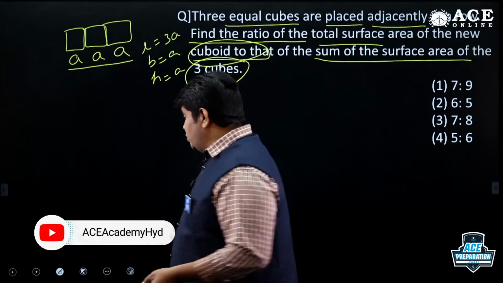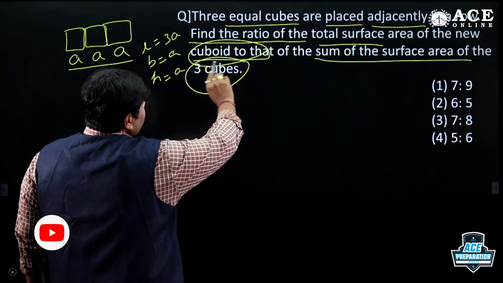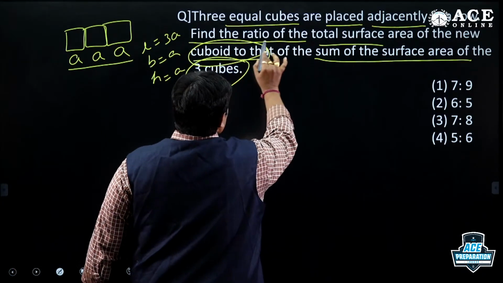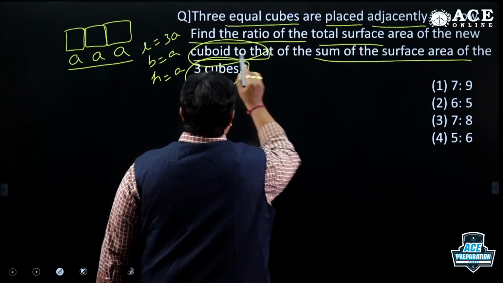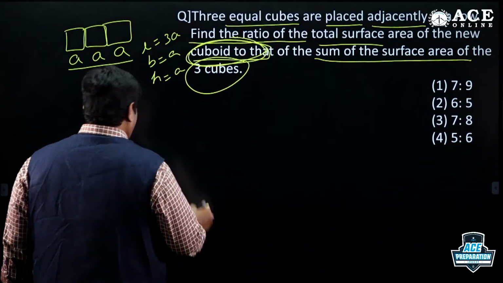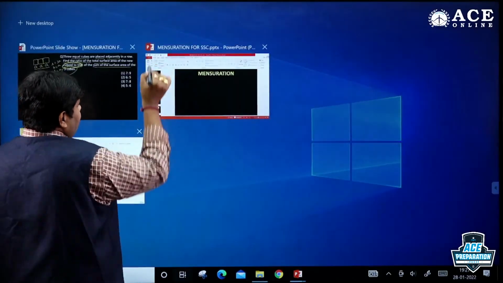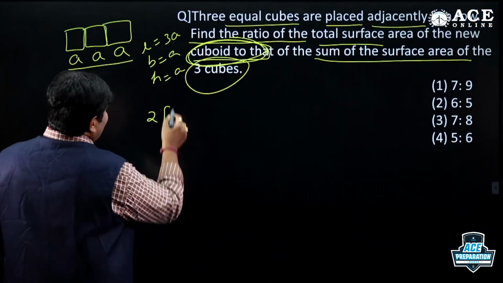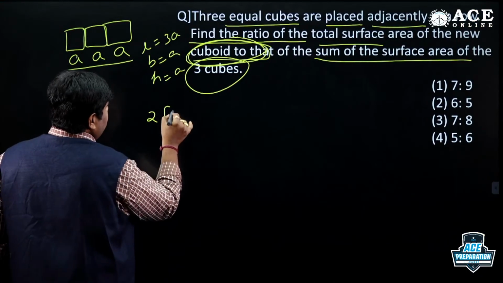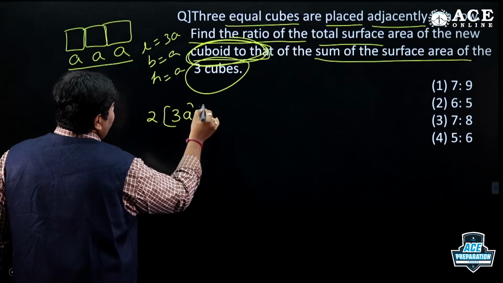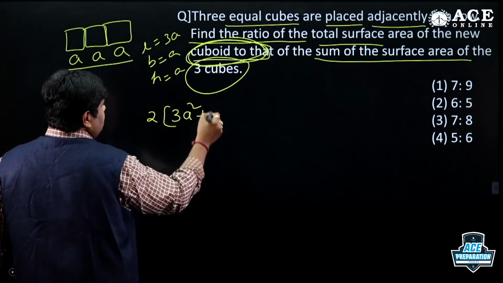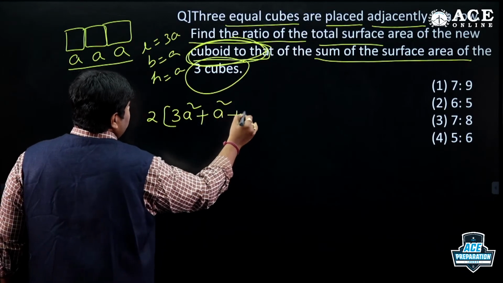Okay, friends, now observe the question here. Find the ratio of the total surface area of the new cuboid. So total surface area is 2(LB + BH + LH). L is 3A, B is A, so LB is 3A square, BH is A square, LH is 3A square.